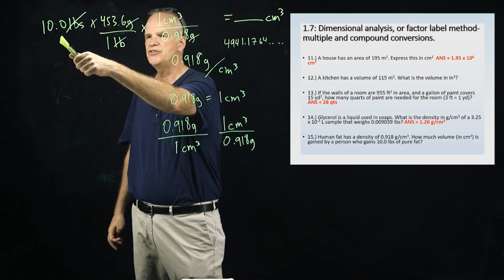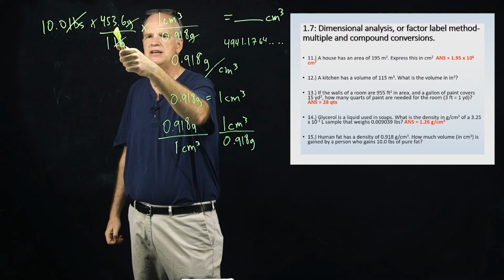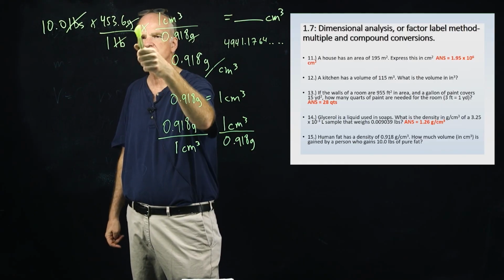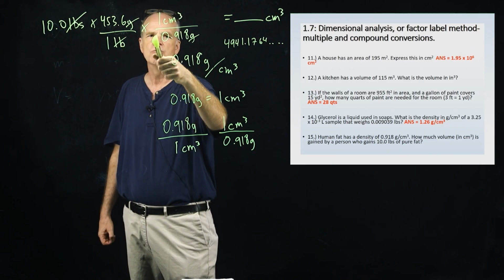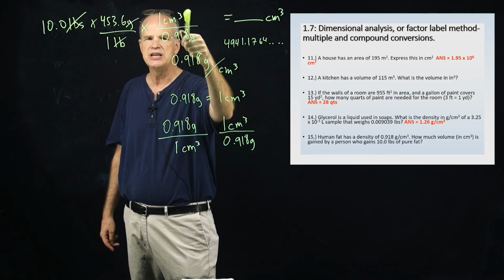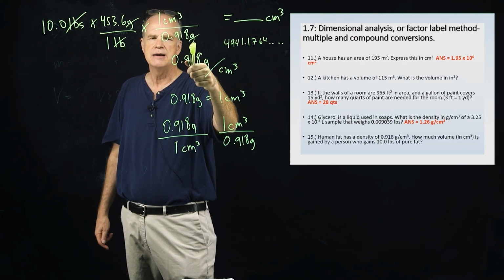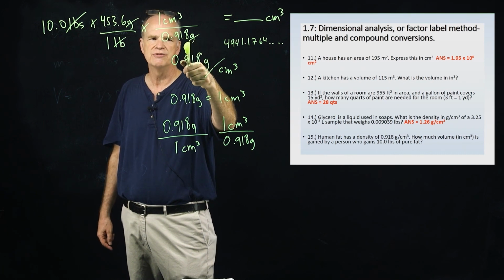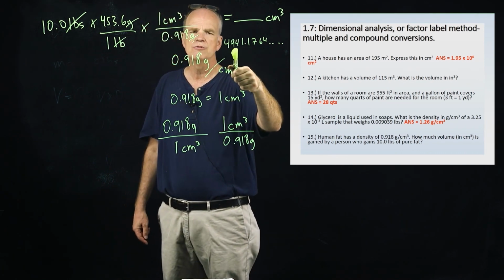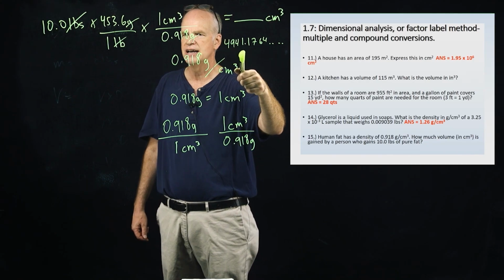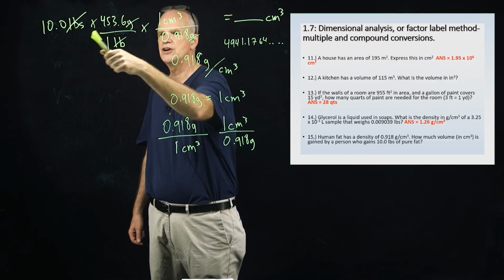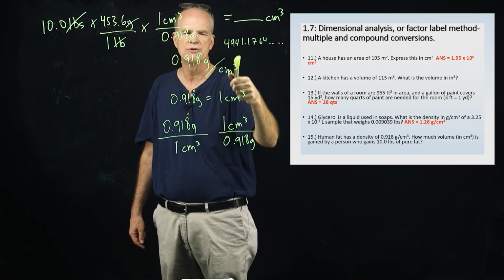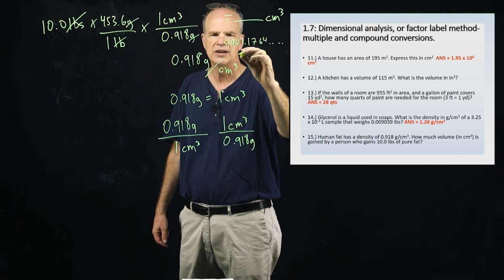We have 3 significant figures here. We have 3 significant figures here because this is probably an estimate for the grams to pounds conversion. We should assume that in density 0.918 grams is estimated, so we have 3 significant figures here. So we really want to round this answer to 3 significant figures. 3 figures here, 4 here, 3 figures. We want to round this to 3 figures.